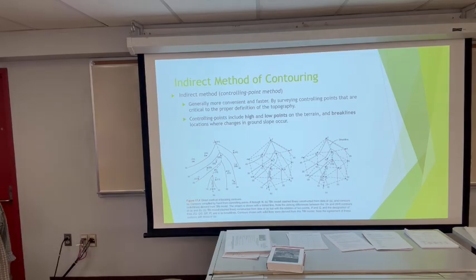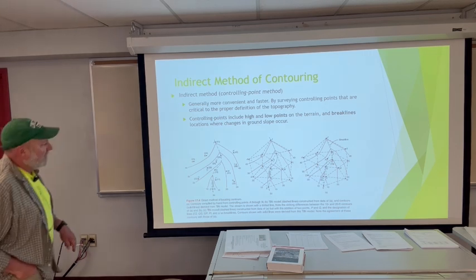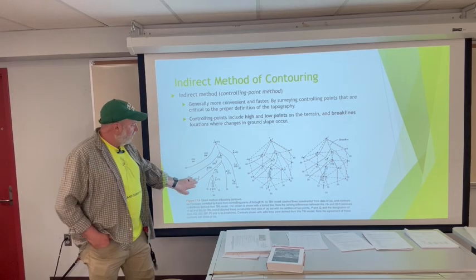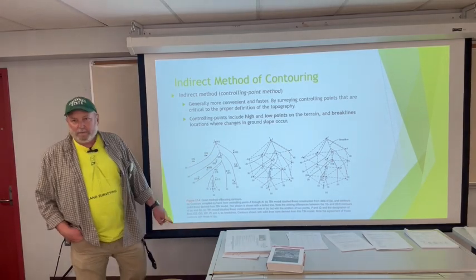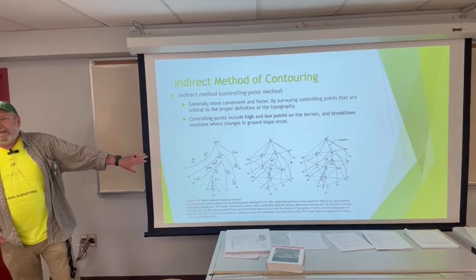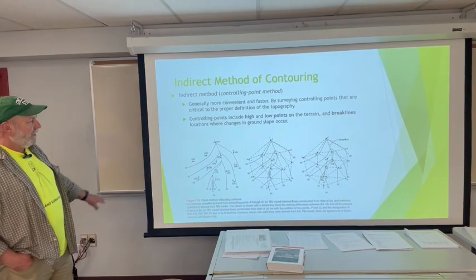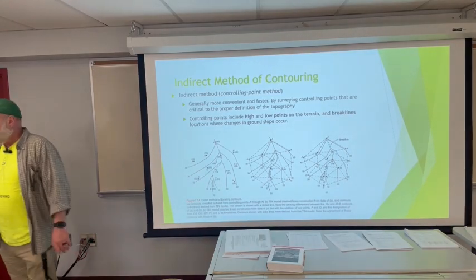Contractors that are building want to know where's the water flowing, which direction, where's it going. So we do high points, low points, and break lines where that changes. This isn't quite the best example, but you have some intermediate points and then some points along the center of a stream. That's all I really want you to look at with this. I need to get a better graphic for that.